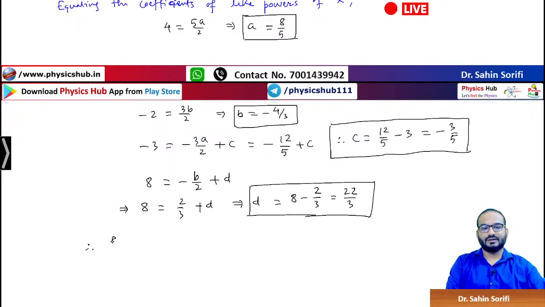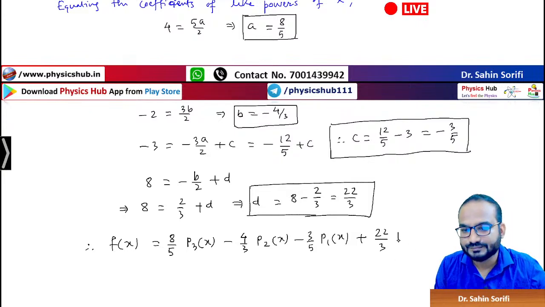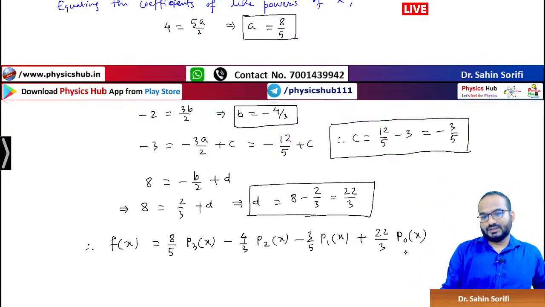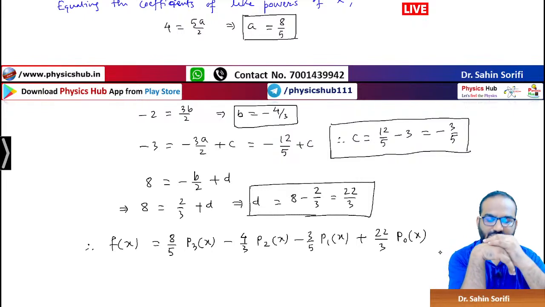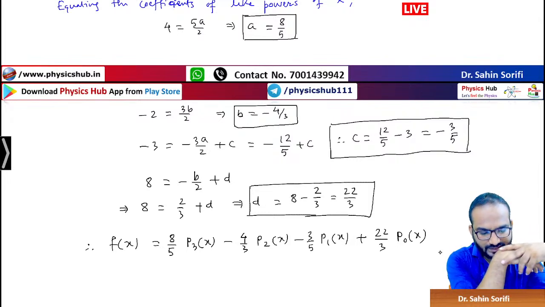And hence we can write f of x equals a times p3x, so 8 by 5 times p3x, plus b times p2x, c times p1x, d times p0x. So with the help of this Legendre polynomial we could express f of x. Any function you can express using this Legendre polynomial. Do you understand this one?